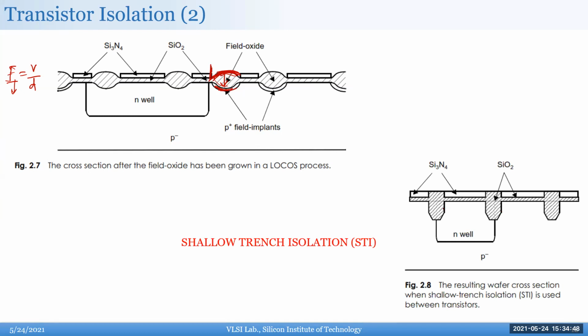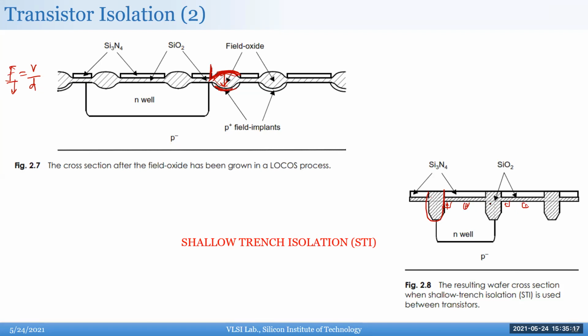So here, instead of doing all the implants and all that, they actually do a trench. So basically you're going to have your P plus devices here and your N plus devices here, your NMOS is here.